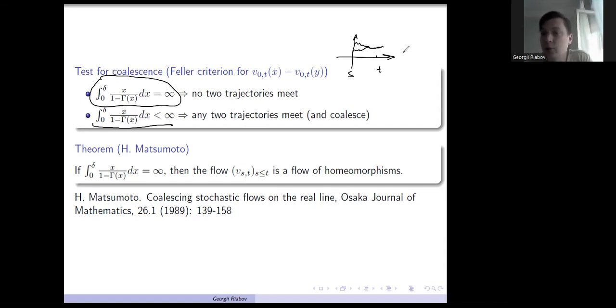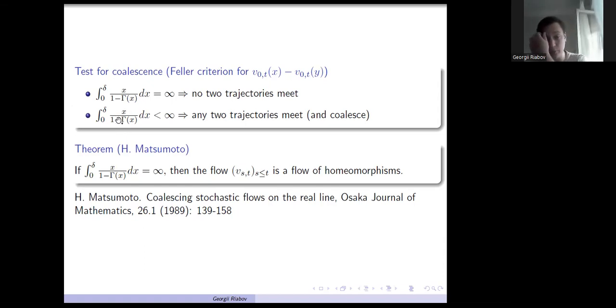These flows are not one-to-one. By the way, the second condition holds for the Arratia flow, since gamma is 0 almost everywhere.